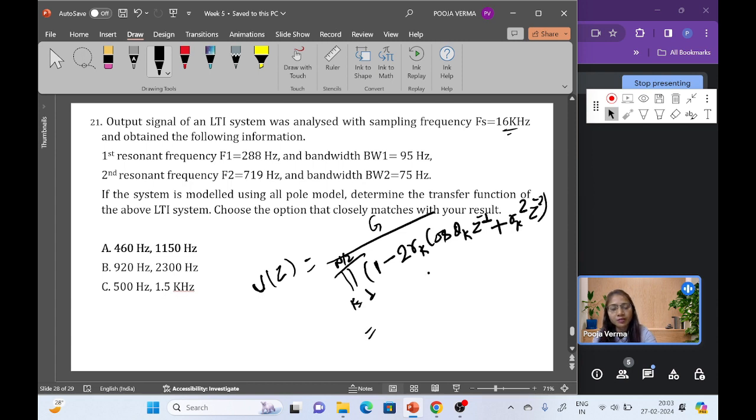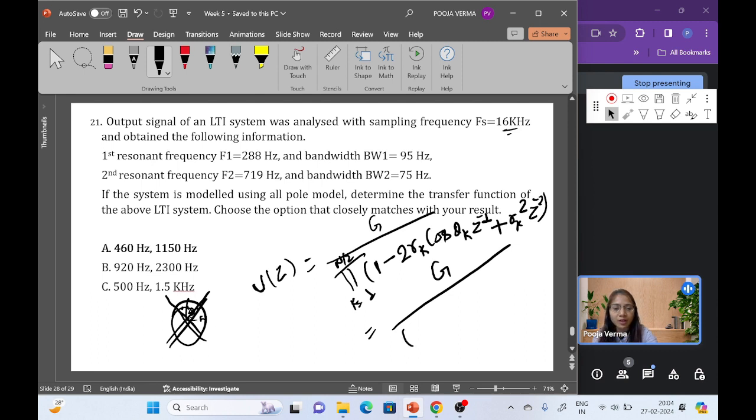Or if there is a pole, for example, this is the ROC of the Z transform and there is A1 and A2, they are related to theta, and this one is R1, right?